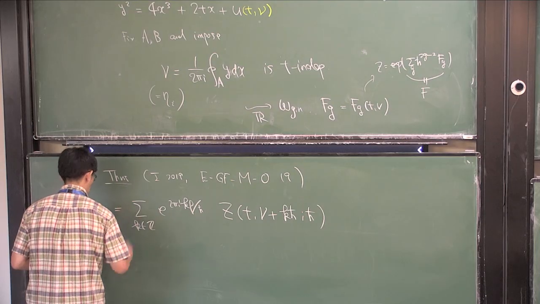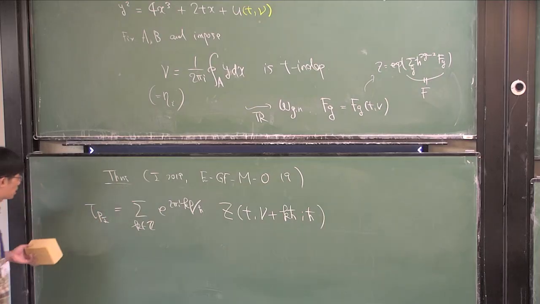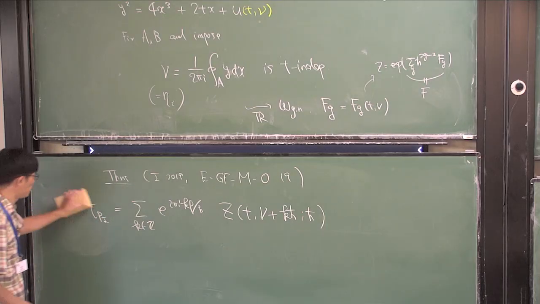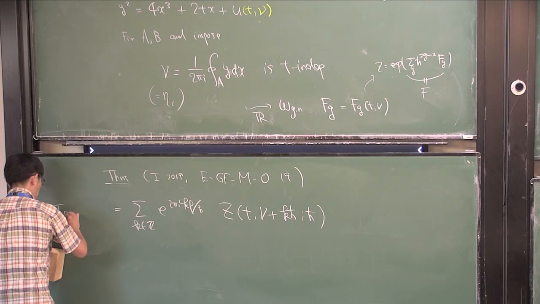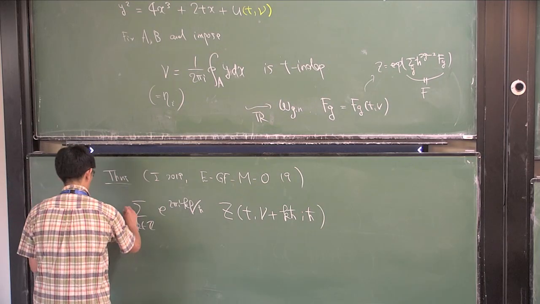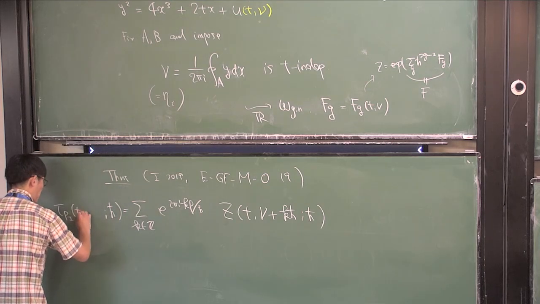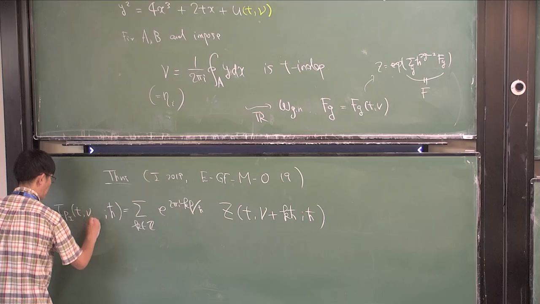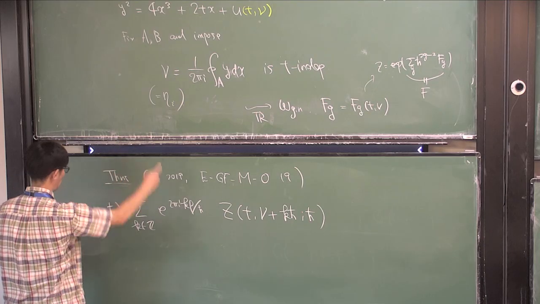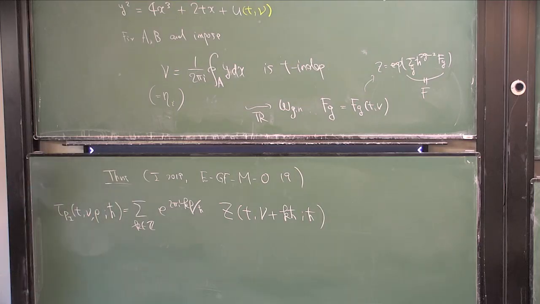Let me keep the details and denote this by some tau. To be more precise, this is a formal power series in h bar in some sense, and the coefficients depend on T and mu, which is an A period of the original spectral curve, and another parameter rho coming from the discrete Fourier transformation.